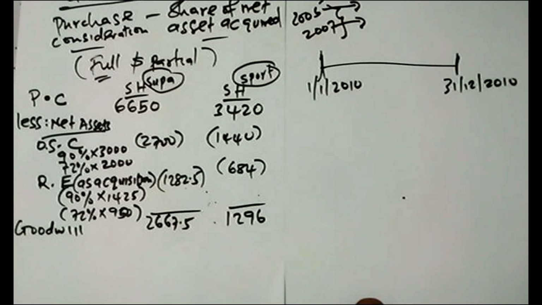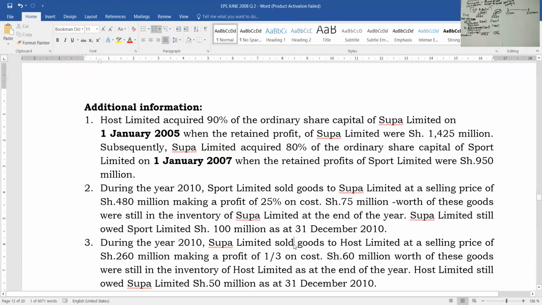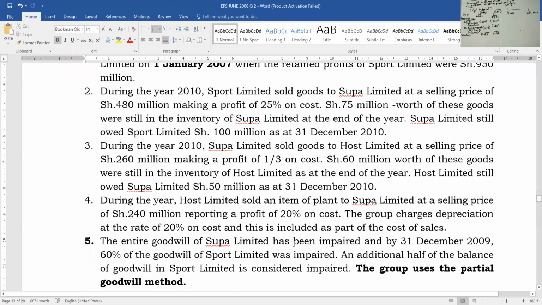So Post has determined the goodwill of Super as at 2005 and the goodwill of Spot as at 2007, which will be there in 2010. So let's check if they mentioned anything concerning impairment. Interpreting those dates, there's a meaning. That is why I started by talking about those dates, and that meaning is coming out shortly.